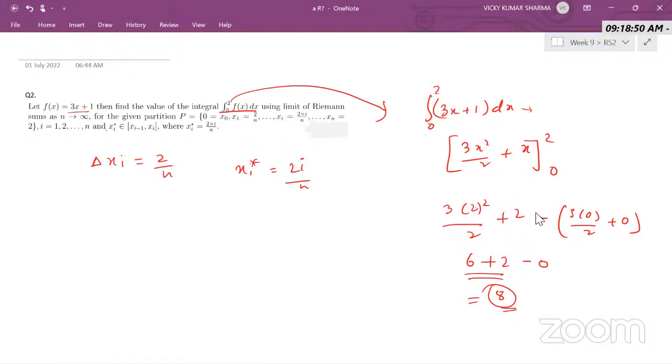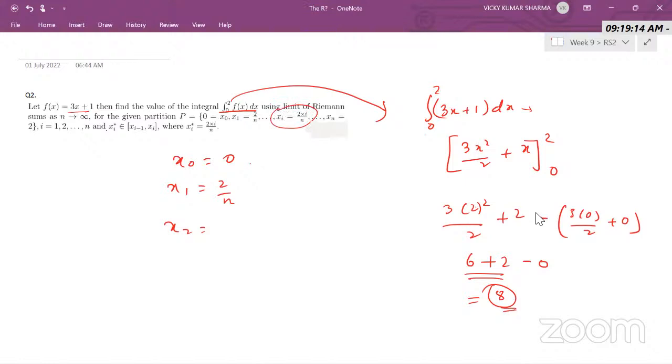So now you asked me this, right? You can tell me over here, what is your x0? 0. What is your x1? 2 by n. Sir, can you show the question? Here. Use this xi formula, you can see this.